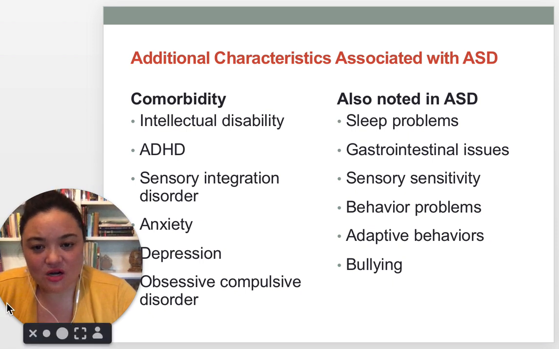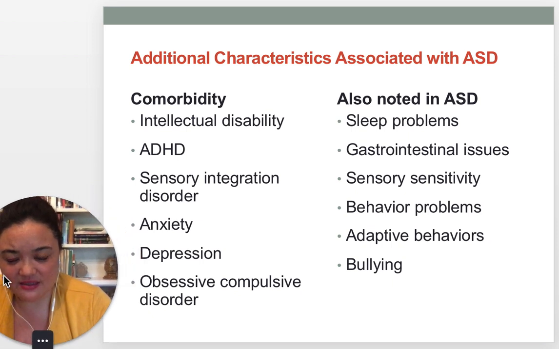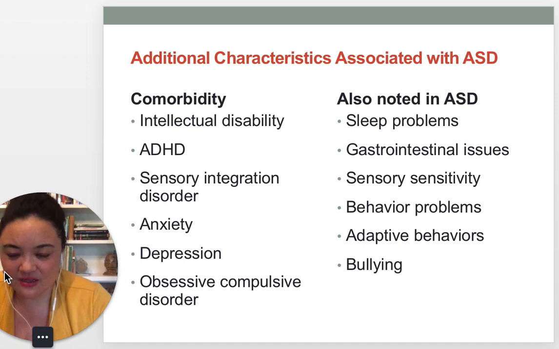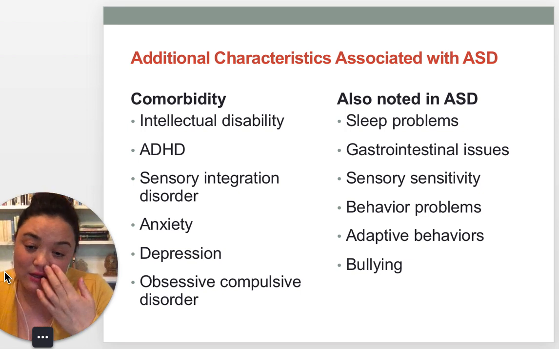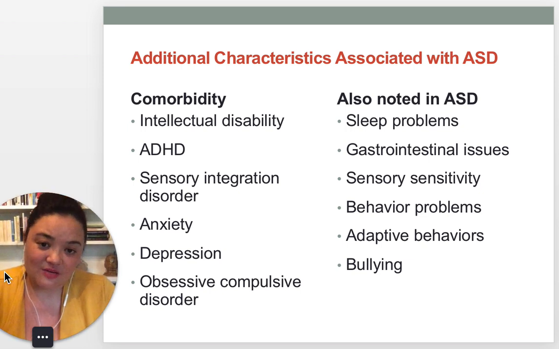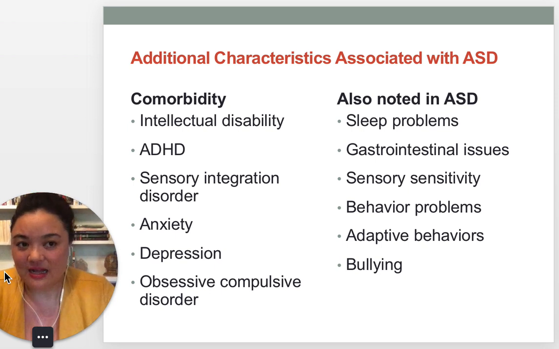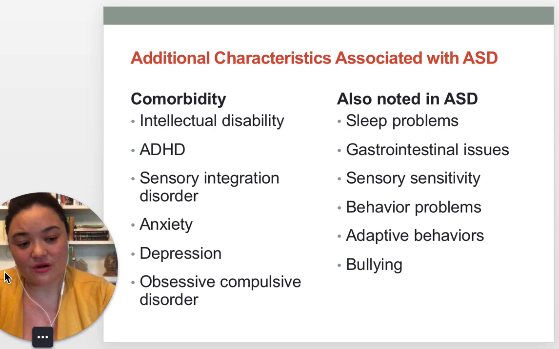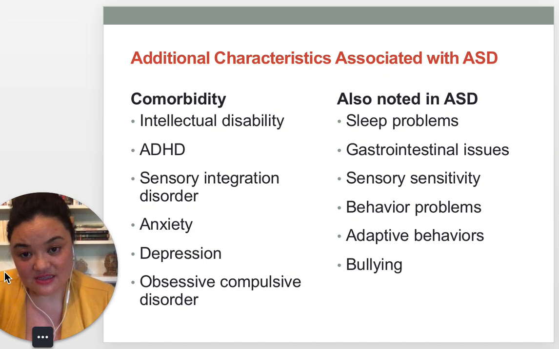Additional characteristics that are often associated with autism are a comorbid intellectual disability, as well as learning disabilities like ADHD. Oftentimes, individuals with autism may qualify for additional occupational therapy services due to having sensory integration issues. And more now, we're seeing a lot of comorbid mental health issues exhibited by older individuals with autism, primarily anxiety, depression, and OCD, obsessive compulsive disorder.